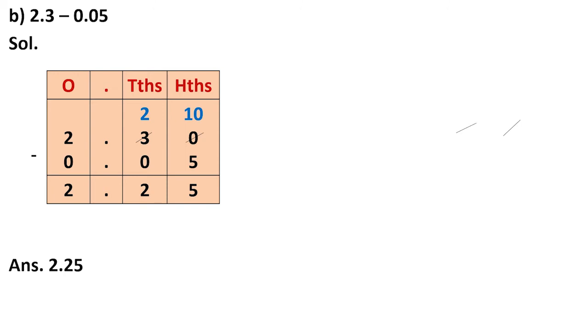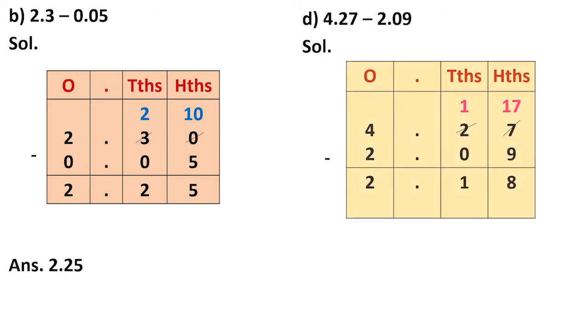Okay. Next one is 4.27 minus 2.09. You can see here this is ones place, then point, then tenths place and then hundredths place.